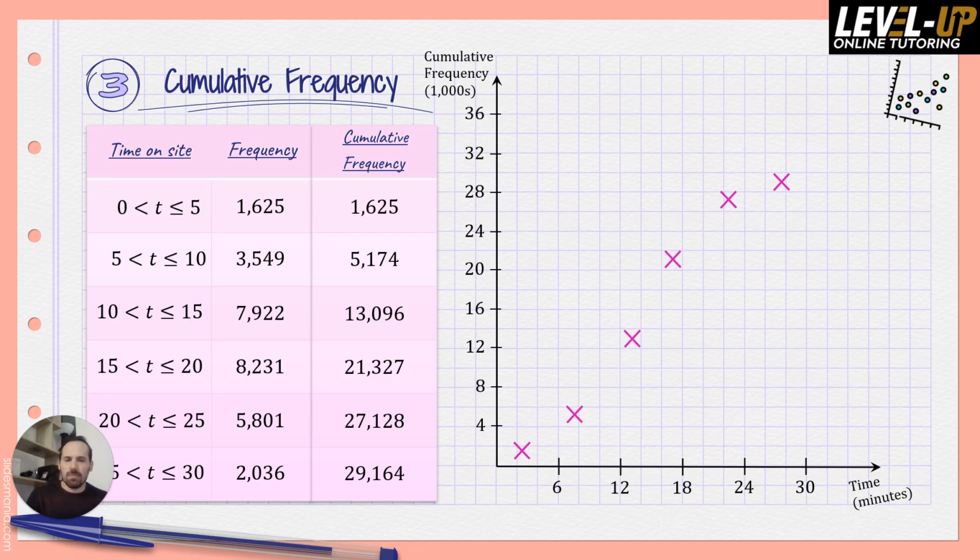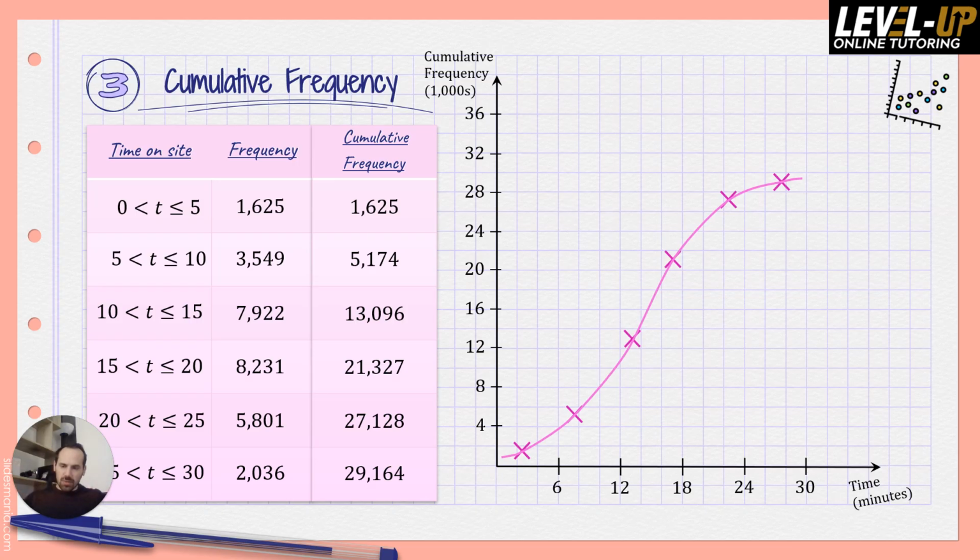And when you plot a cumulative frequency, generally you'll get something like this, which is known as an S curve, for the reason that it looks vaguely like an S. This one is not so curvy. Some S curves can be very curvy. The reason is that with most data sets, you have most data collected around the middle, and then you gradually get less as you go out to the really high and low values.